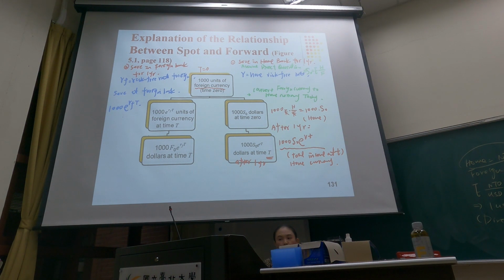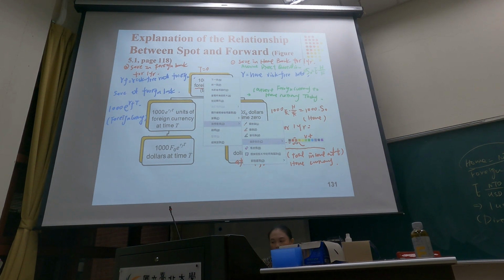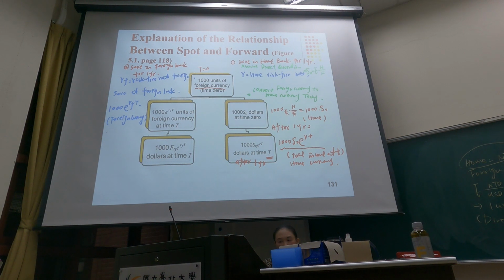Remember, RF is the foreign risk-free rate. But 1,000 E^(RF T) is in foreign currency. Agree? 是不是还是美金？对不对？ So if you want to compare, you have to convert it back to the home currency at the end, right? So convert back to home at time T after 1 year.